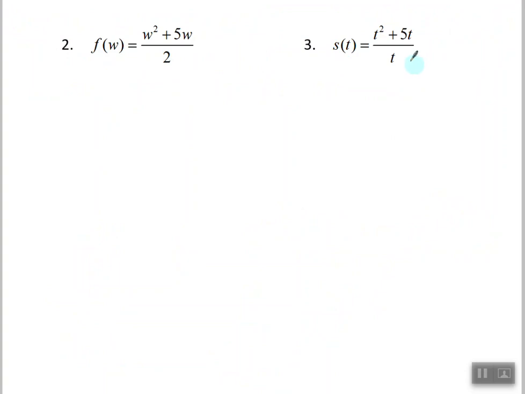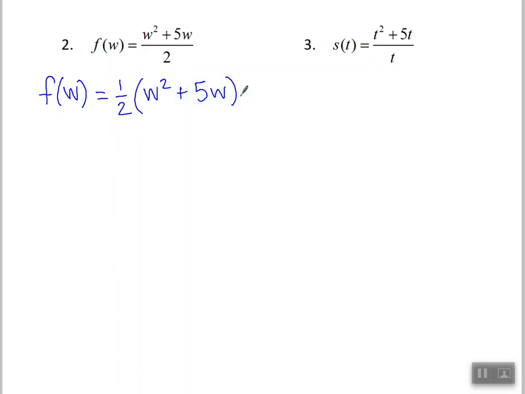Examples 2 and 3 are quotients. However, these are two examples where, while we could use the quotient rule, we wouldn't necessarily choose to use the quotient rule. Let's see why not. F of w equals w squared plus 5w divided by 2. We can rewrite this so that f of w is 1/2 times the quantity w squared plus 5w.